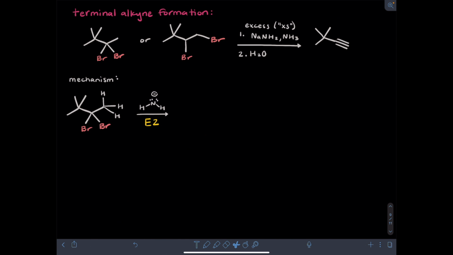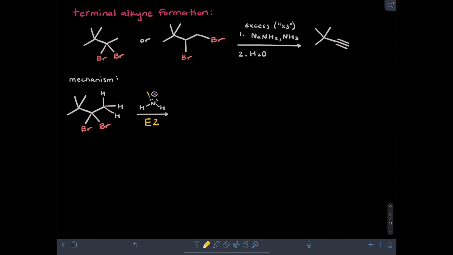I'm going to draw the mechanism for a geminal dihalide. Notice the two bromines are attached to the same carbon. At this beta position, there are no hydrogens present, and at the other beta position, 3 hydrogens are present. I'm going to deprotonate the beta position with the hydrogens present to generate an alkene.